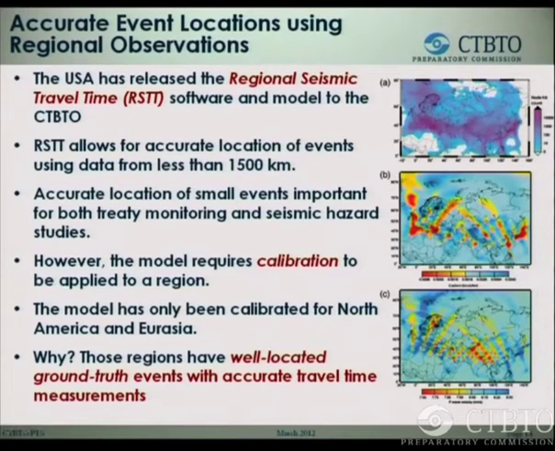So far, the model has only been calibrated for North America and Eurasia. And in these regions, there have been large international collaborative efforts to collect ground truth events with reliable travel time measurements. And again, this was instigated as part of an effort by the CTBT member states to improve event location. Now, this is an effort that will need repeating in the other regions where we would like to apply the method.